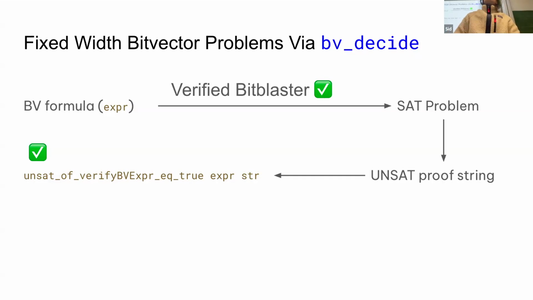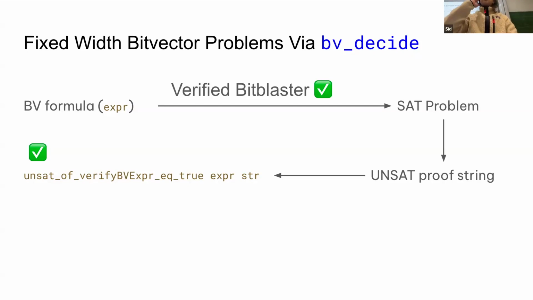If you think of addition on the bit vector level, it's defined as: take the bit vectors, grab their values as finite numbers, add them up, take modulo 2 to the w, and then convert that back to a bit vector. But you can't actually feed that into a SAT solver, right? So you build a circuit that computes the ith bit of the output as a SAT formula of the bits of the input, and that's what the bit blaster does.